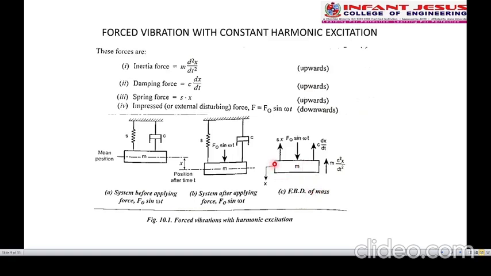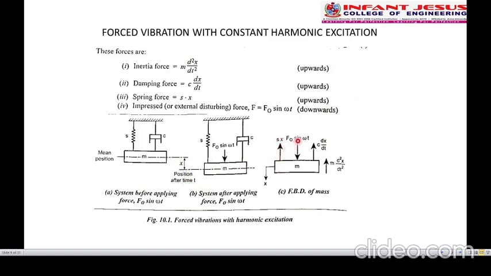So this is the free body diagram of the mass. First, due to the spring stiffness, there is one spring force acting. S is the stiffness and x is the displacement. So Sx is the spring force, acting in the upward direction.